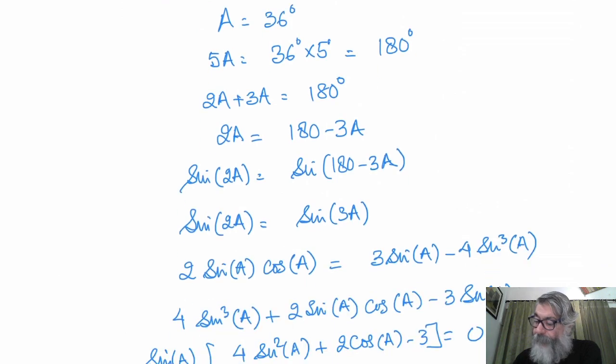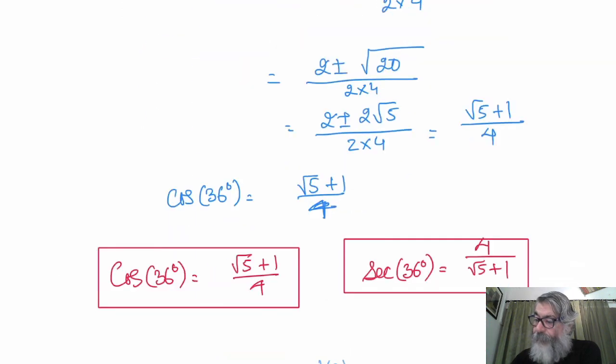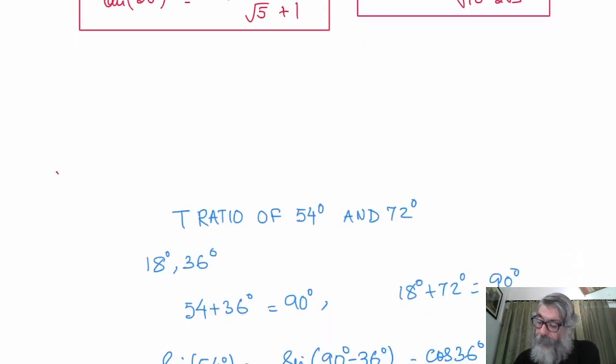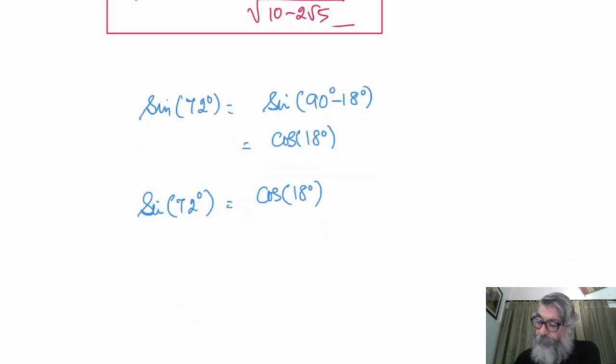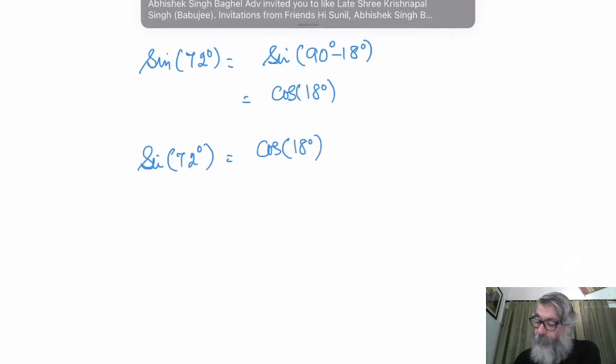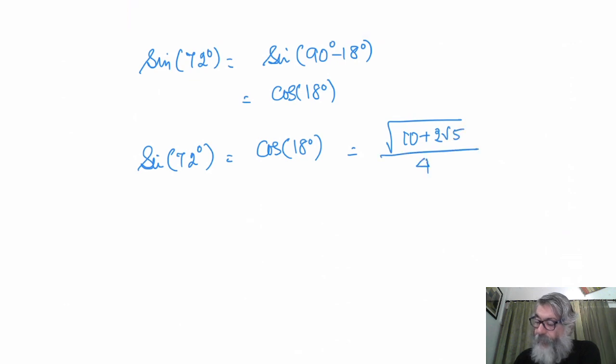Okay. After that, let's calculate cos 72. Cos 72 will be equal to cos of 90 minus 18. That will become sin 18. And what was sin 18? Sin 18 was root 5 minus 1 upon 4.